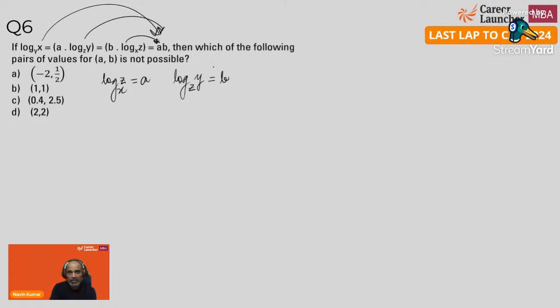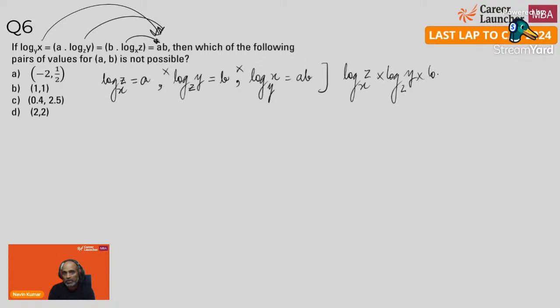And if I look at this, log x to the base y is nothing but ab. These three. Now what I'm going to do is multiply all the three LHSs and RHSs, okay? So my LHS will look like log z to the base x into log y to the base z into log x to the base y. And my RHS is going to look like a into b into ab.